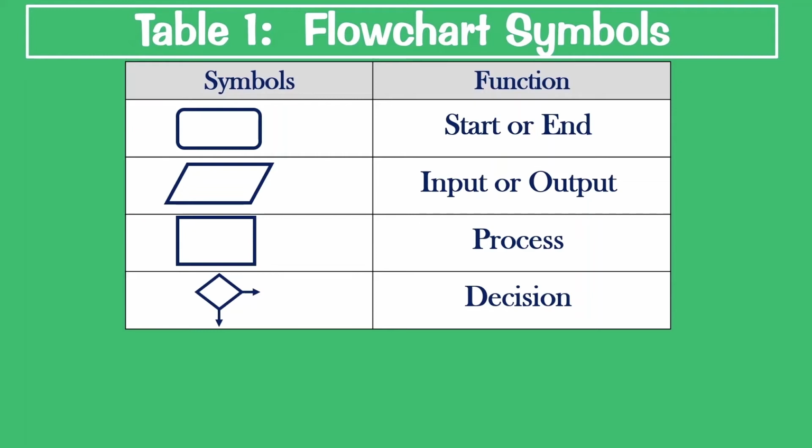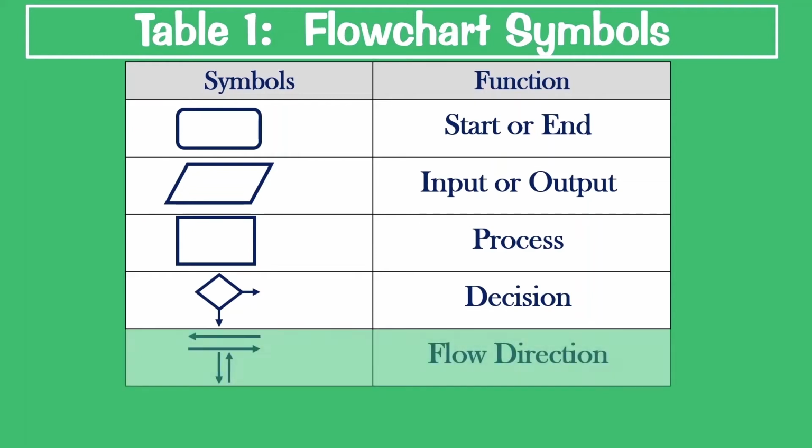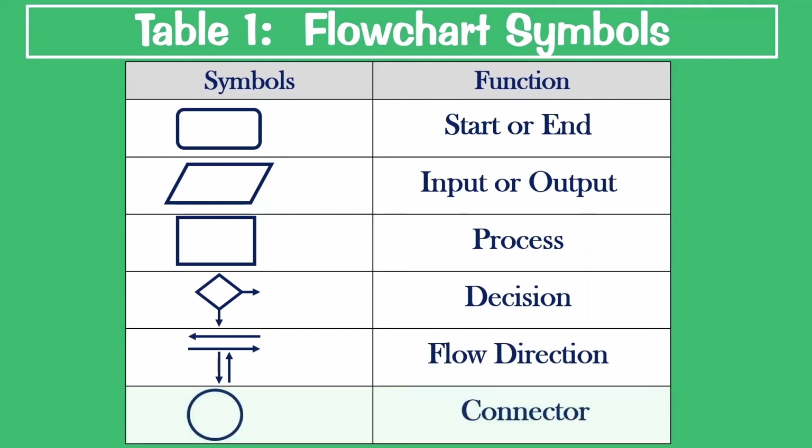Number 5, the flow direction indicates the direction of flow of the algorithm. Connectors link different flowchart symbols or shapes.